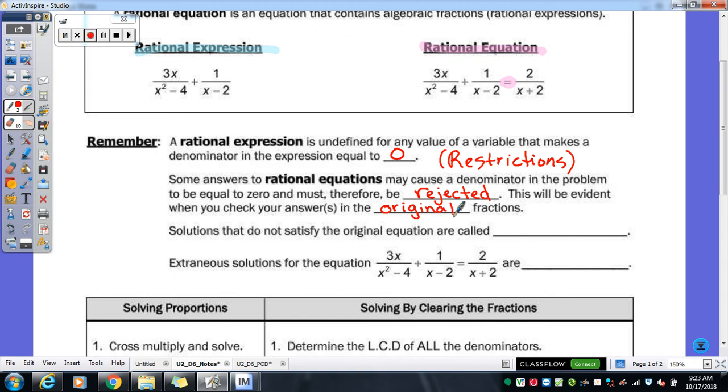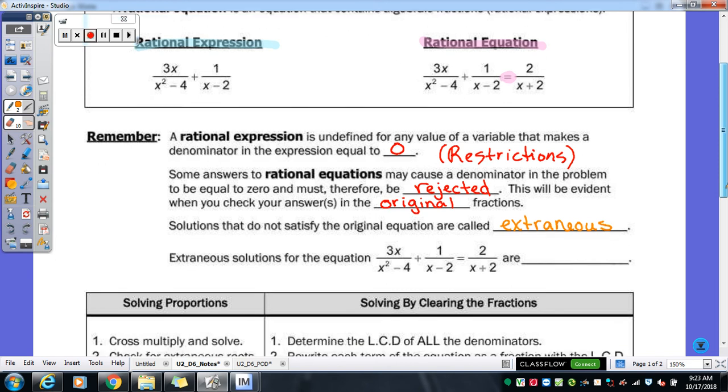You'll always see it in the original fractions. Solutions that do not satisfy the original equation are called extraneous. That just means when you do all your algebra work, you get the number, but when you actually plug it into the situation, it doesn't make any sense and it doesn't work.